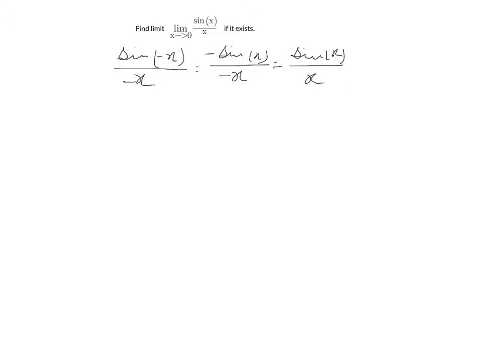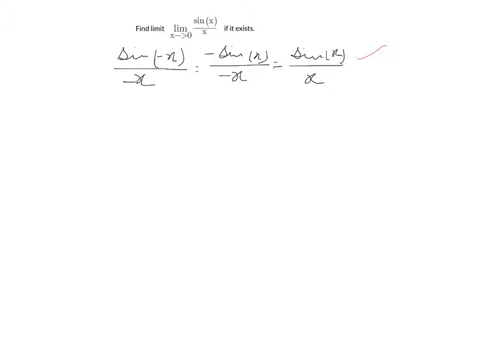Now, this observation will be helpful when we construct the tables for the left and the right hand limit for this limit, sine of x over x as x approaches 0.